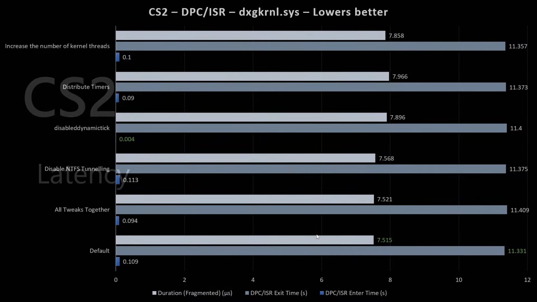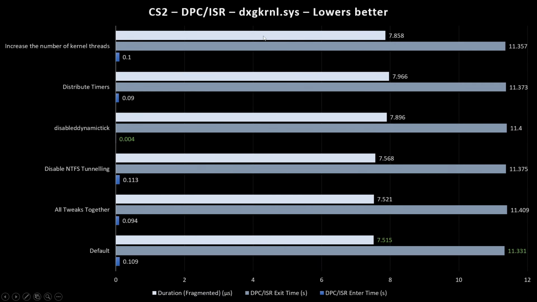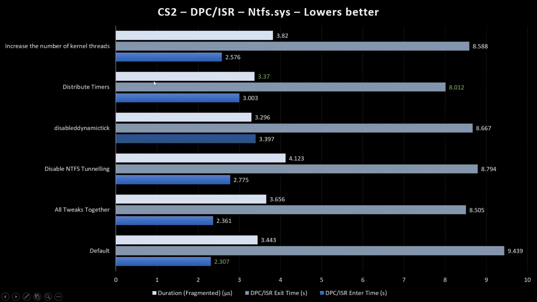In CS2 latency, we follow the same pattern. The direct kernel doesn't seem to be affected by those configurations, and maybe that makes sense. The NTFS has some improvement with distribute timers. We can't say that we have any huge improvement by disabling NTFS tunneling, and same thing for all tweaks together.